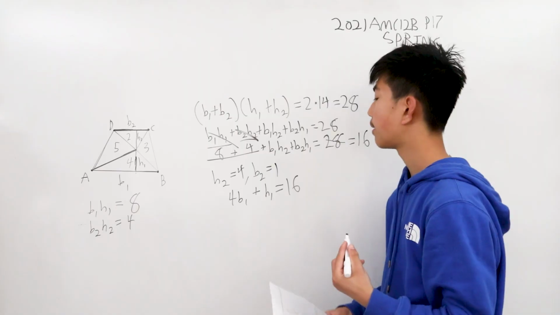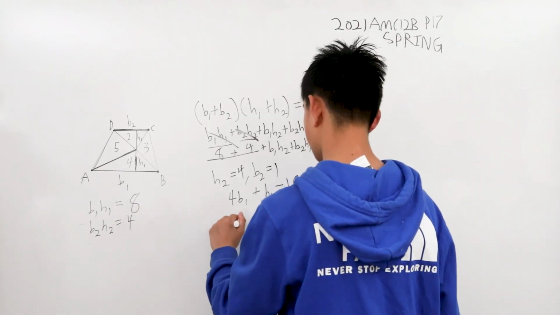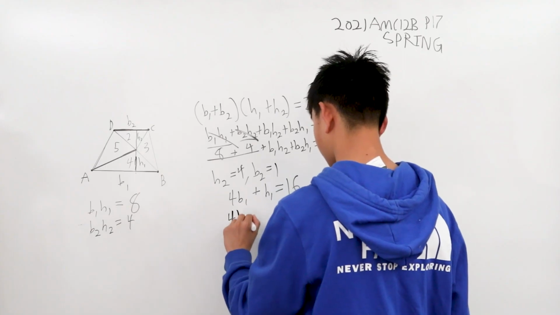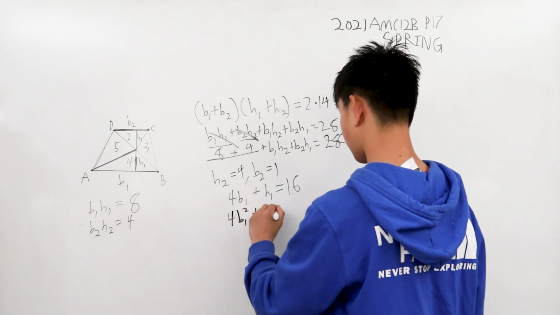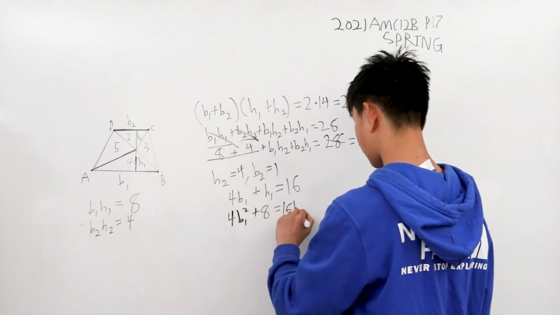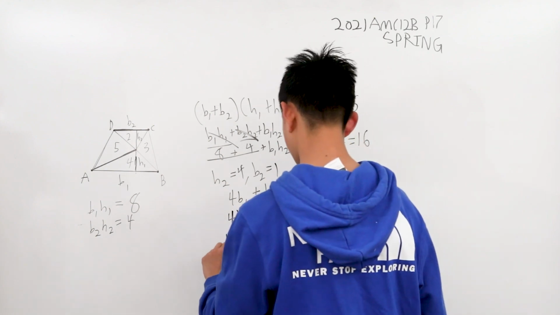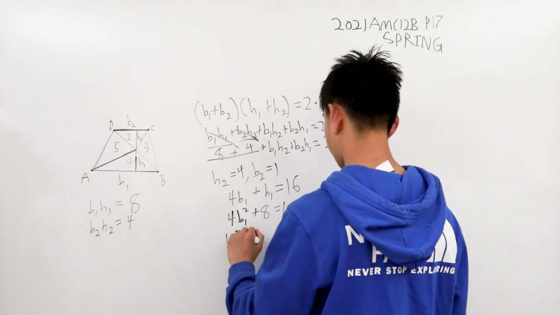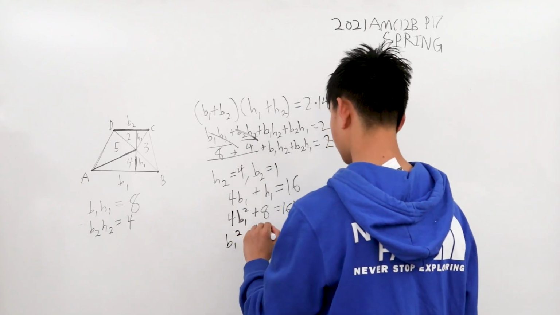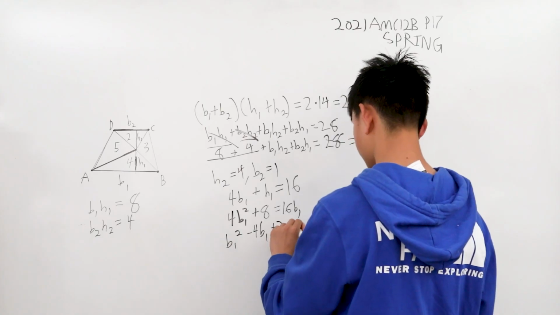We multiply by B1. If we multiply this whole equation by B1, this becomes 4B1 squared plus B1H1, which is 8, equals 16B1. Dividing by 4 on all sides, you get B1 squared, and then moving the 16B1 over, minus 4B1 plus 2 equals 0.